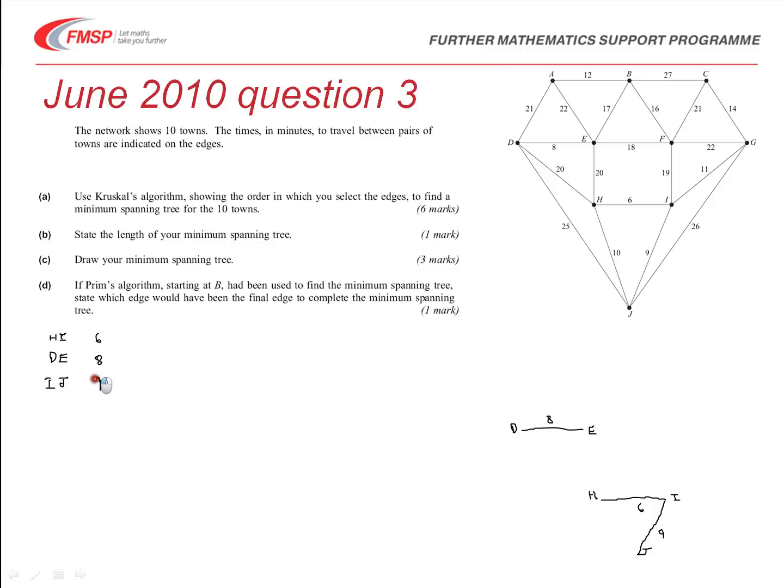The next shortest would be I to G, which is 11, so we can put that one in. That's I to G, 11, and we add it to our list.